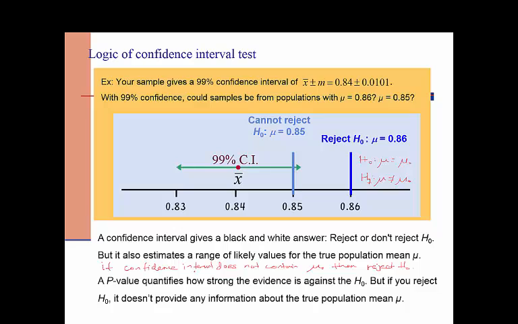And if it does contain it, so if the confidence interval does contain mu naught, then we fail to reject H naught. Okay, so 3 ways of exactly doing a hypothesis test. The third way only works if the hypothesis test is two-sided.